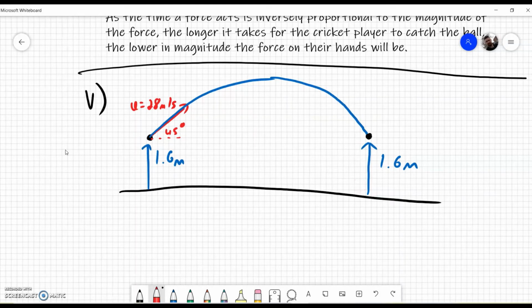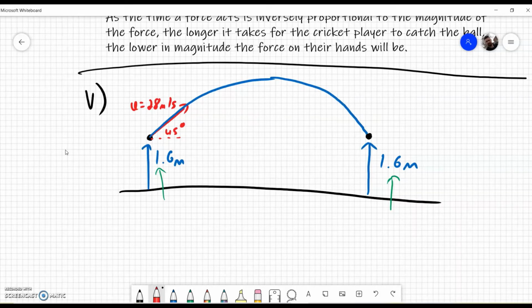Now it's asking me to find how much time the ball is in the air. So the way I look at this is I look at what information I have, and one thing that stands out to me is that the ball at the start is 1.6 meters in the air. The ball at the end is also 1.6 meters in the air, being in either the thrower's hand or the catcher's hand. So that tells me that its vertical displacement in total is going to be 0.